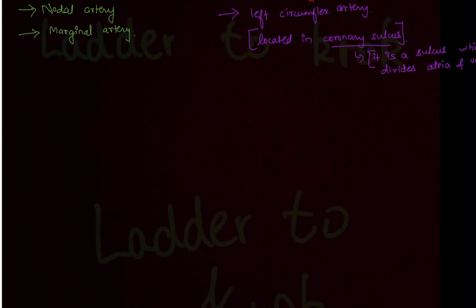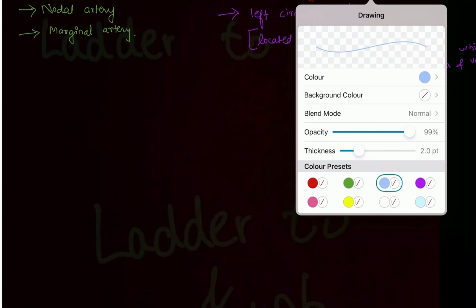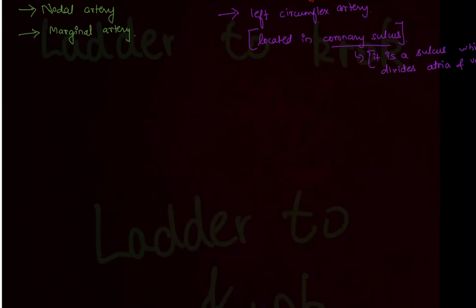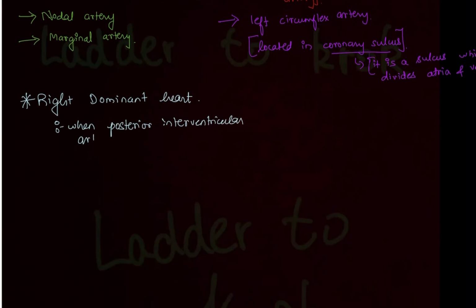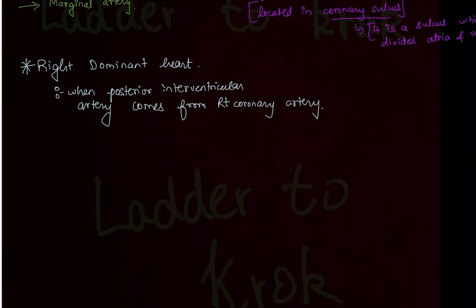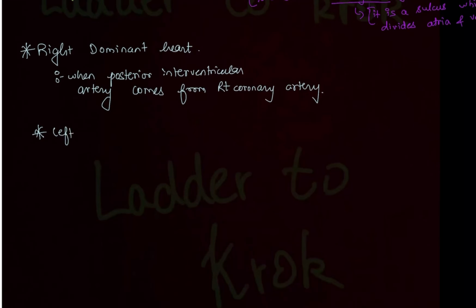Now some people have right dominant heart and some people have left dominant heart. So what decides who will have right dominant and who will have left dominant? So write down: right dominant heart is when the posterior interventricular artery comes from the right coronary artery, and a person's heart will be called left dominant heart when the posterior interventricular artery comes from the left coronary artery.